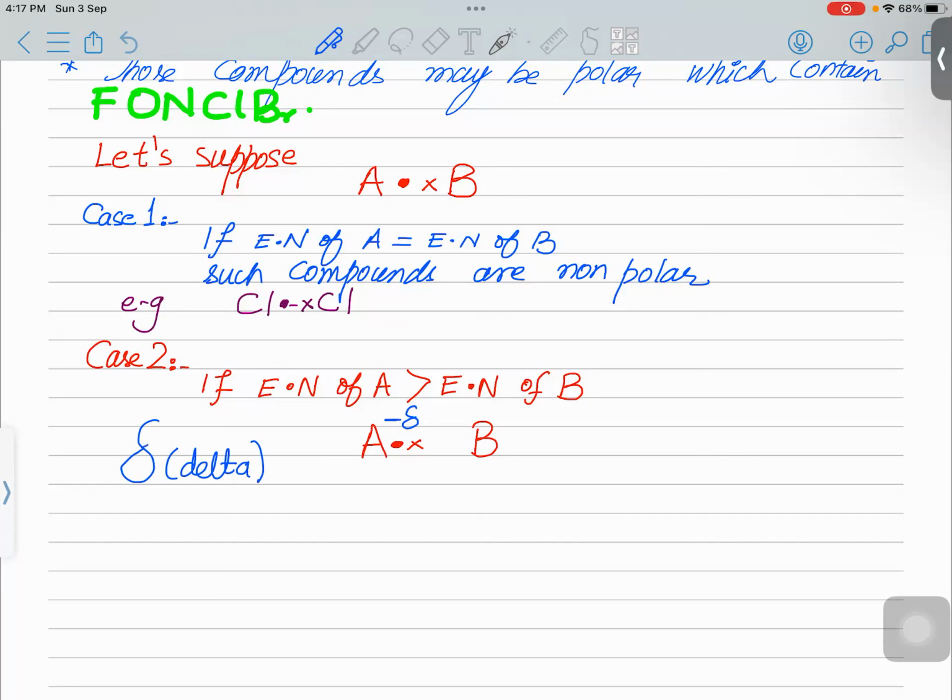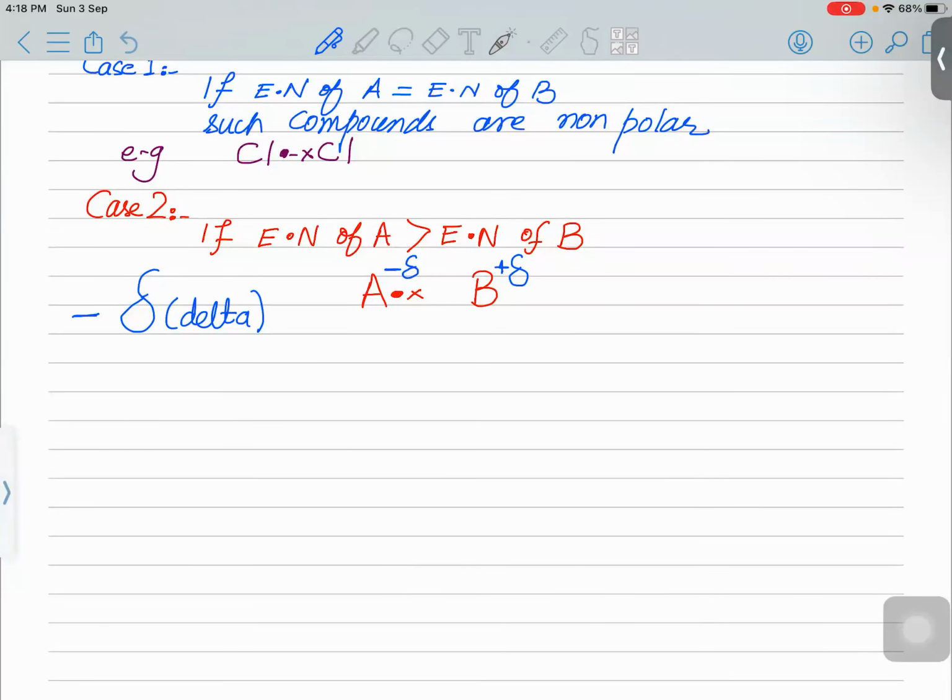And this one gets a small delta positive charge. Now you can see that here we have two poles, negative and positive poles. That's why this compound is called polar. Are you getting my point or not? Now listen again.